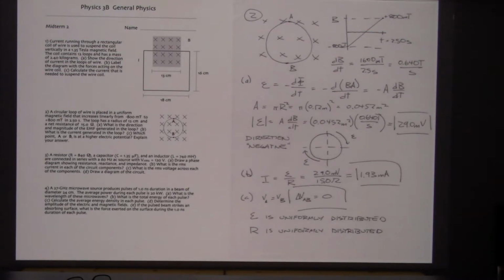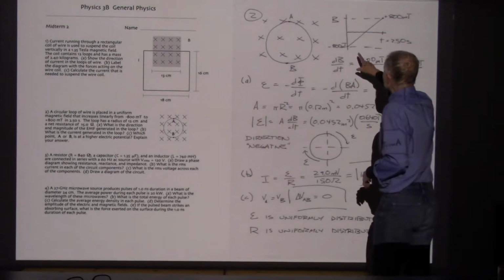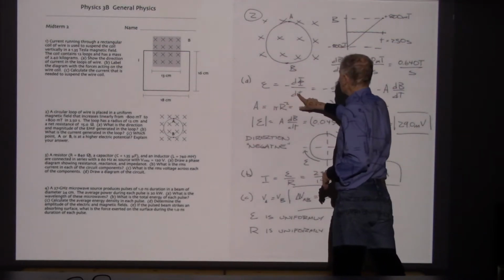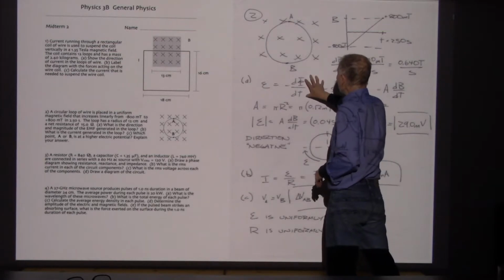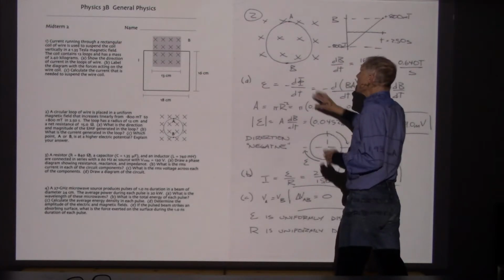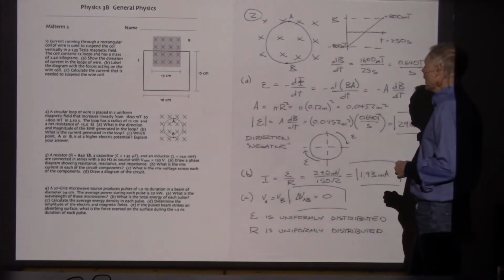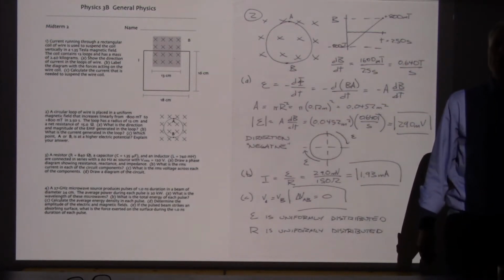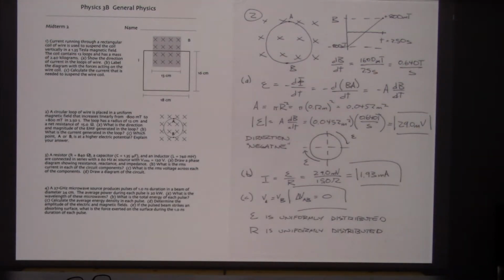The reason we're interested in the slope is because Faraday's law says that if we keep track of how the magnetic flux is varying, that will tell us how much electric field is being generated, and as a result, how much EMF we'll have.